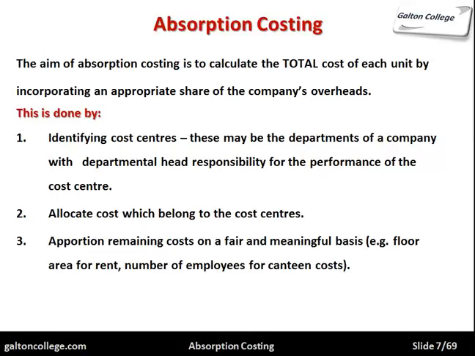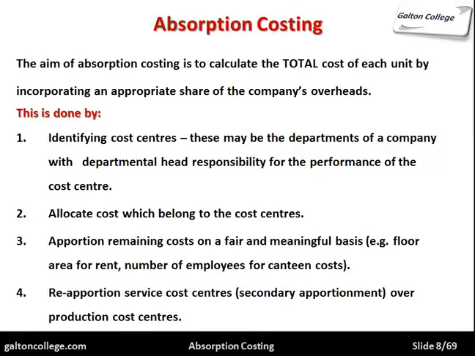But it could also be a function of the type of technology and the type of processes that the various departments are using, as to whether they're wearing out or exhausting the resource more quickly than other departments. So the basis for the apportionment is slightly arbitrary and subject to debate, and this is a topic we come back to in other videos as well.